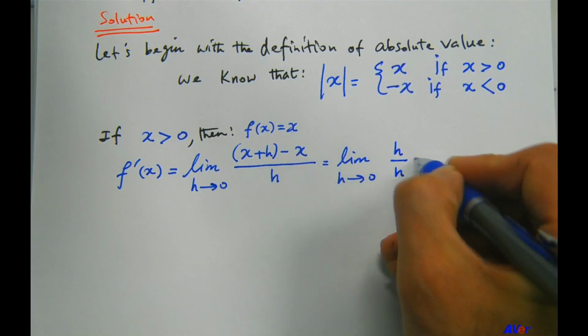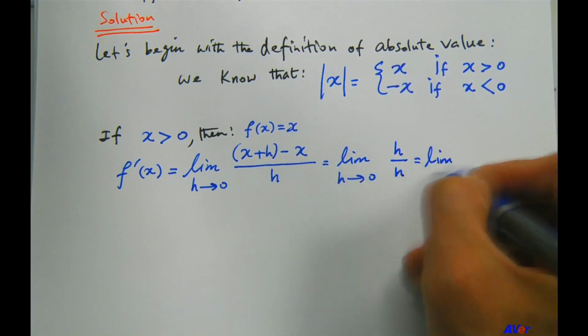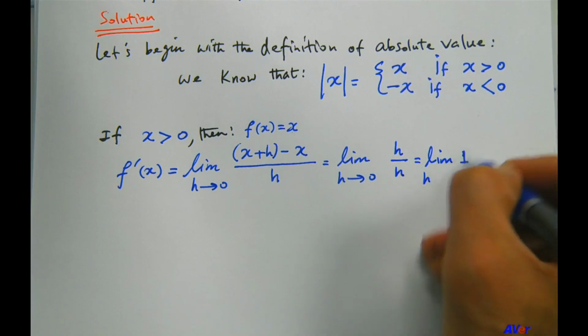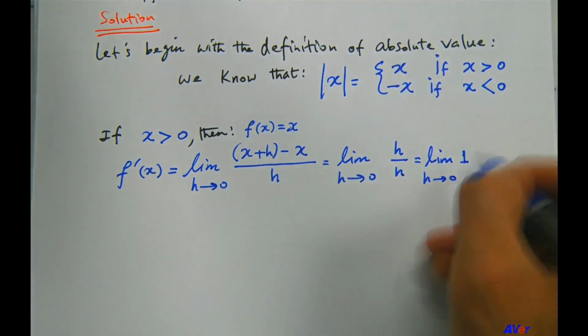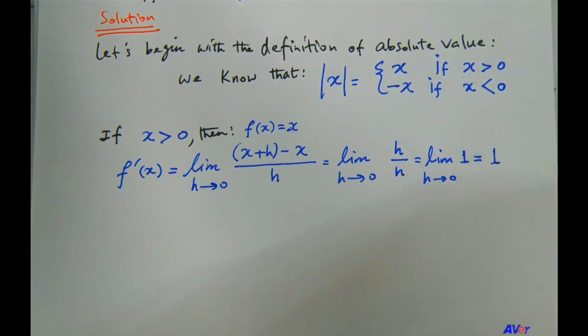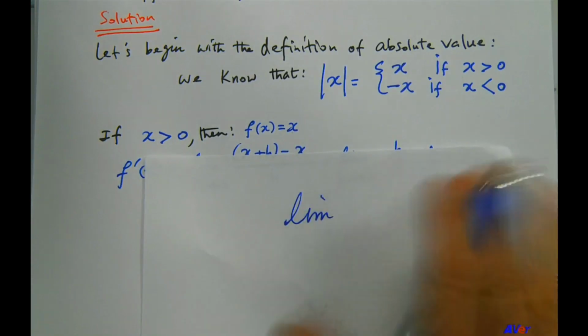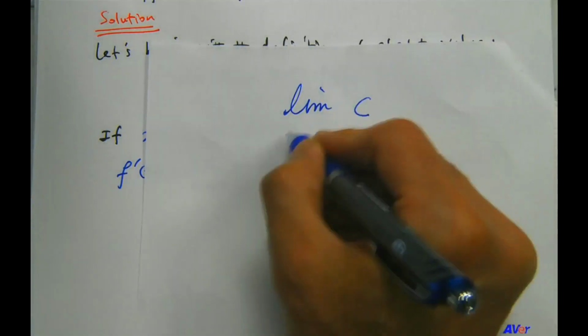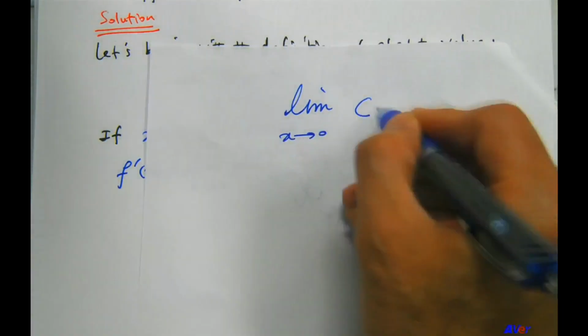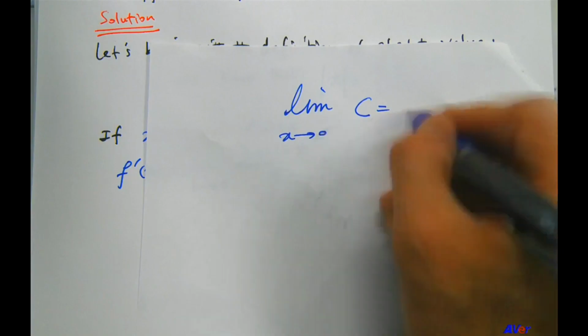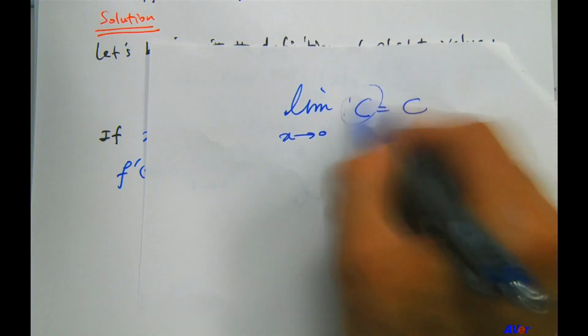And then, of course, that leads to limit of 1, constant value 1, as h goes to 0, and of course we know that this is equal to 1, right? When we discussed the properties of limits, you remember that we said that limit of any constant value as x approaches a value, say x approaches 0, is equal to c, the constant value, right?